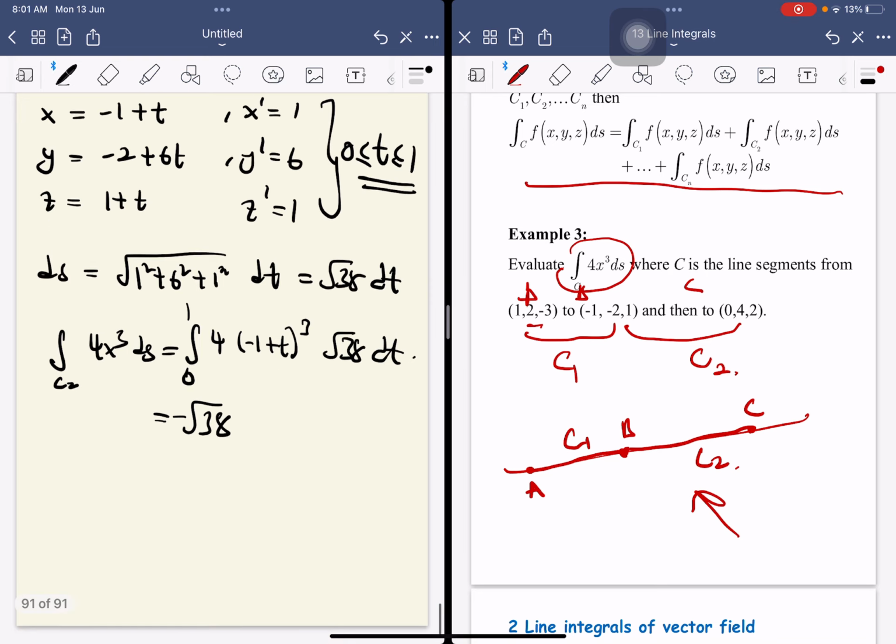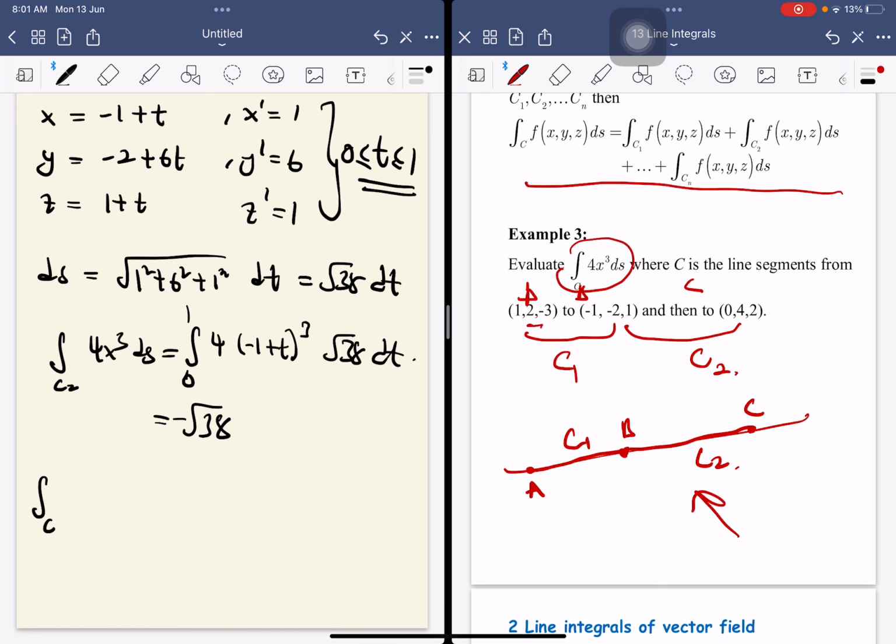So if you solve it, the integral over C of x to the power of 3 ds is equal to the integral over C1 plus the integral over C2. This is 0 plus the negative value we just found, so that is the final answer.